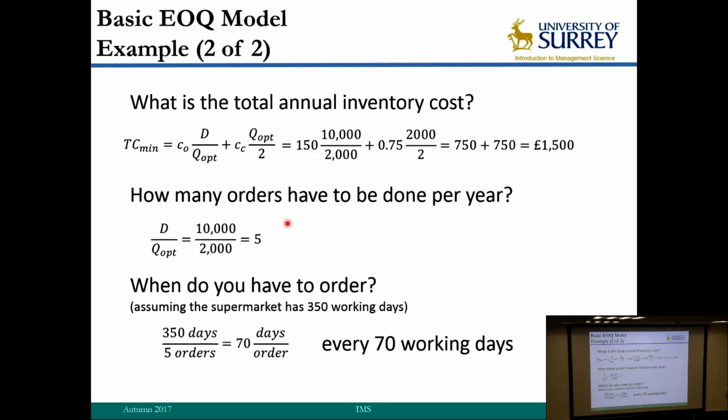If they are not the same, that's going to be a problem. But when we substitute, we find they are the same: 750 for both ordering cost and carrying cost. Based on this theory we derived the optimal quantity, and substituting back into the theory itself, we got the same result.